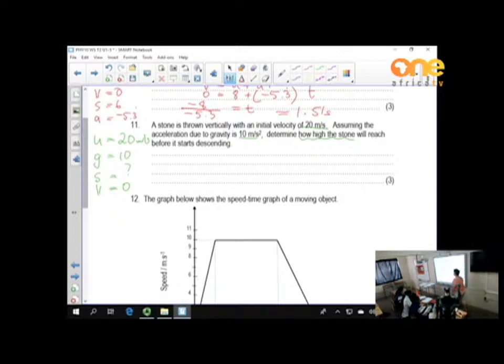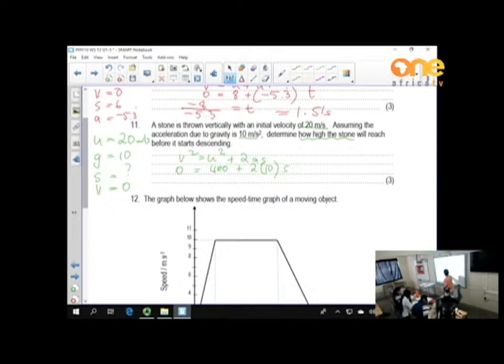Okay, which formula are we going to use? V squared equals u squared plus 2as. What is v squared? 0. What is u squared? Well, it's 20 times 20, so it is 400. Twice our acceleration is 10, and the distance is what we are looking for.